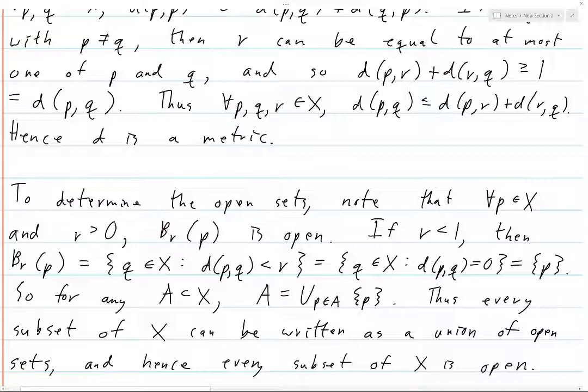If you have any topology, then any set in a topology is a subset of the entire space, and so any set in any topology must be open in the discrete topology, and so the discrete topology in some sense has the most sets of any topology.